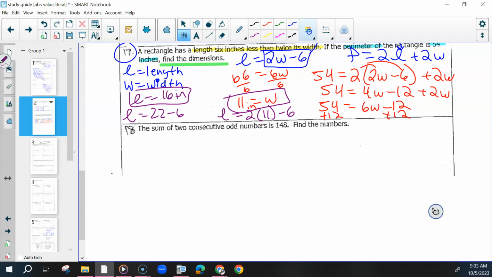To maybe do one more word problem. Which one? 18. Besides 18, because that one won't be on the quiz with us. Come on. 16. Is that what you're going to say? Okay. We don't have time to do both of these, but they will be similar.